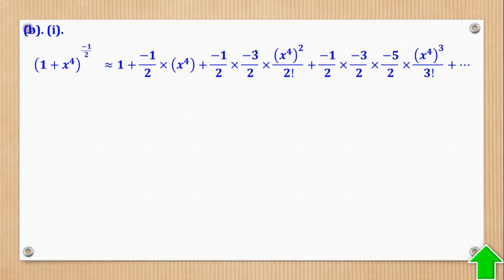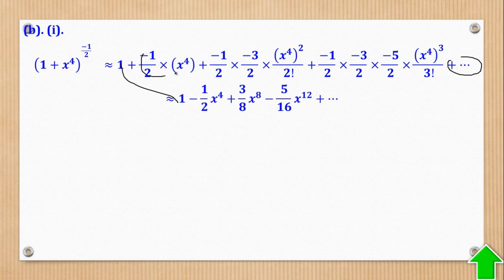Then next, we shall get the whole of this and raise it to the power 3 over 3 factorial. So those are the 4 terms. We shall put there this plus dash dash dash to show that the expansion was continuing. When I simplify, this is that, and this one is this, and this one is that.